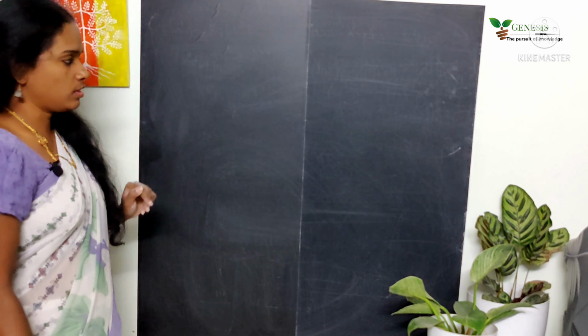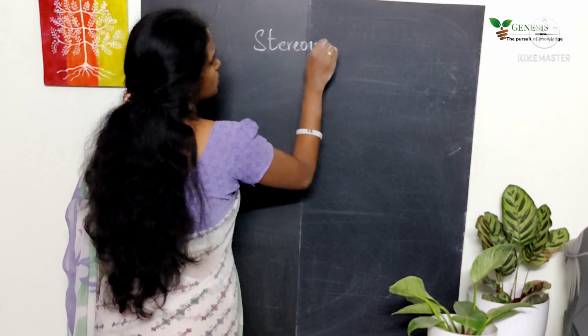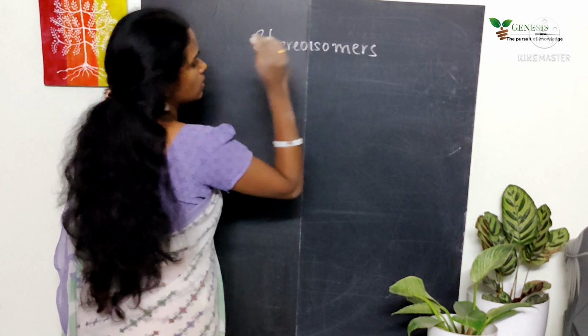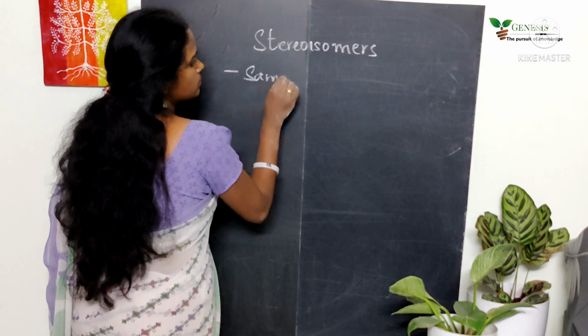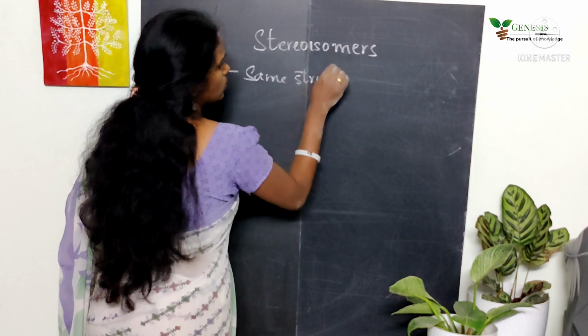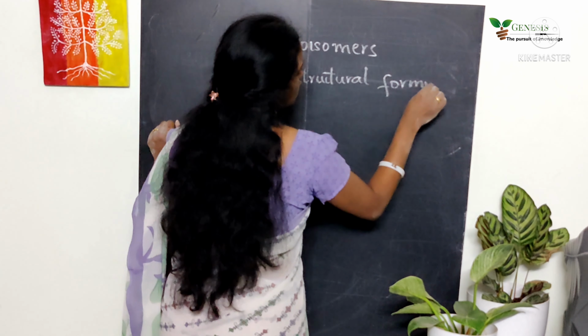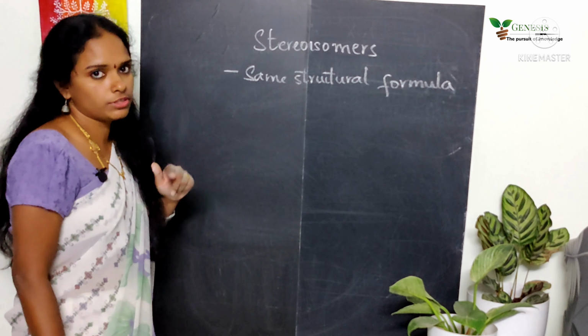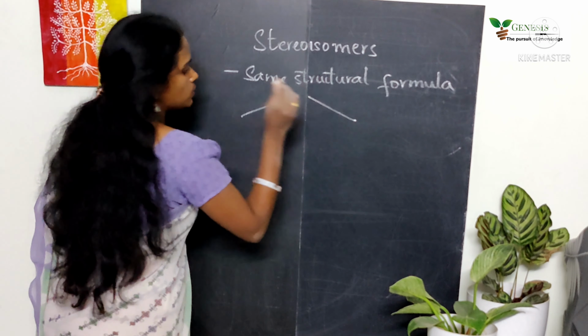So we can conclude one thing, that stereoisomers are the structures with the same structural formula but different configuration. So here we have 2 types of isomers.